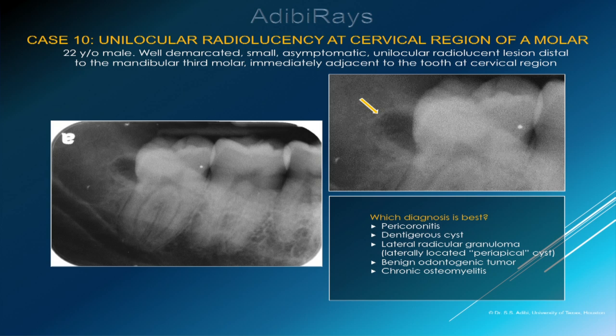This patient is a 22-year-old male with a well-demarcated, small, asymptomatic, unilocular, radiolucent lesion distal to the mandibular third molar and immediately adjacent to the tooth at the cervical region. What is the diagnosis for this condition?